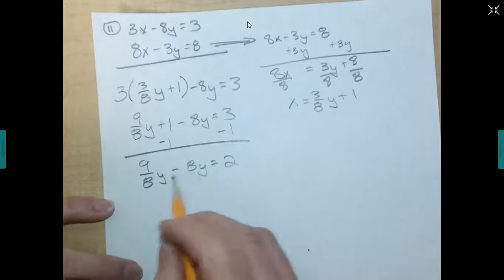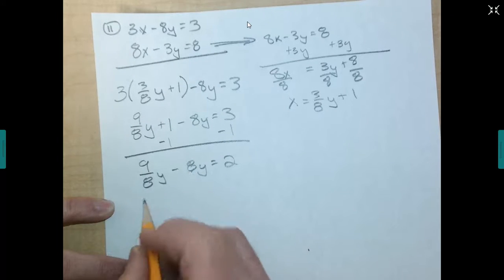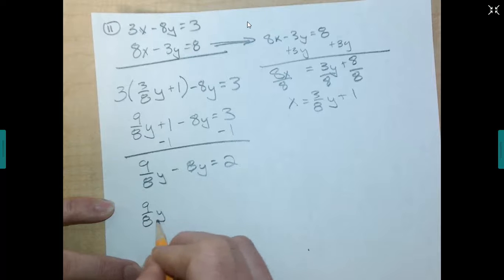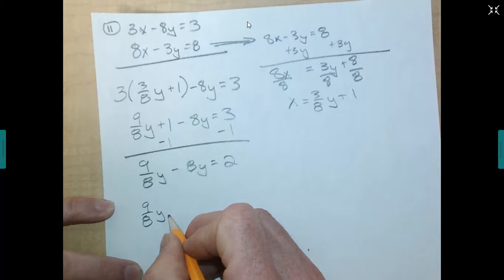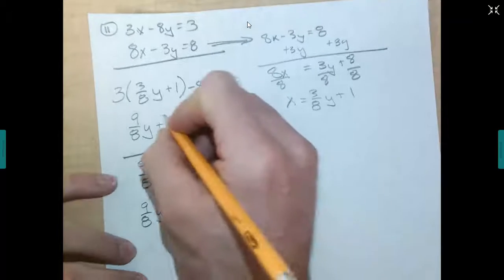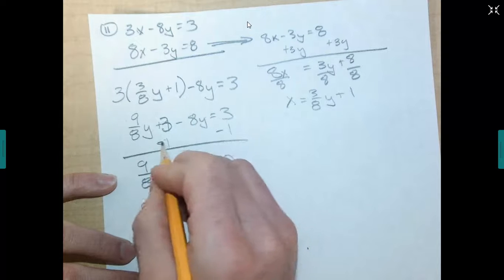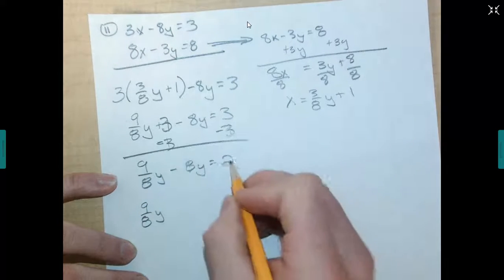So, let's turn this. 8 times 8 is 64. So we're going to go 9/8 y. Ooh, that doesn't work. What do I do? Oh, this is a 3. This is a 3. So minus 3, minus 3, so that's 0.